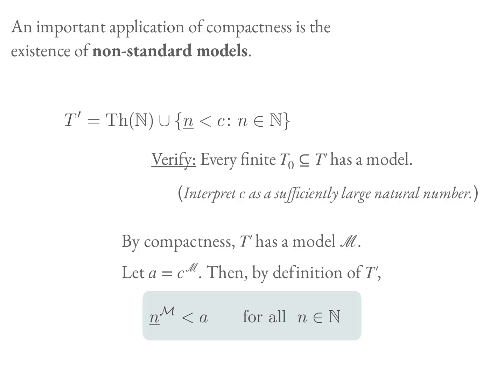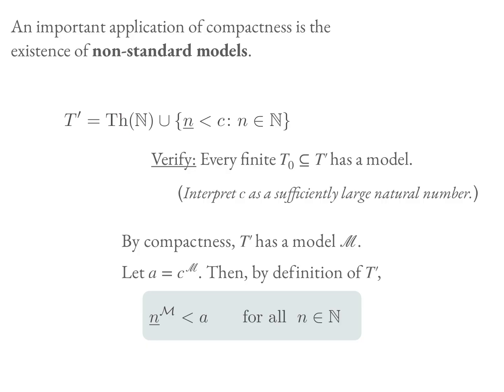The idea now is to take the theory of N, so everything that is true about the natural numbers that we can express in the language of arithmetic. There's a bunch of formulas and sentences in there. But now we add something new to this theory.